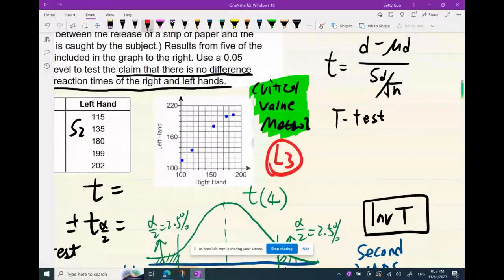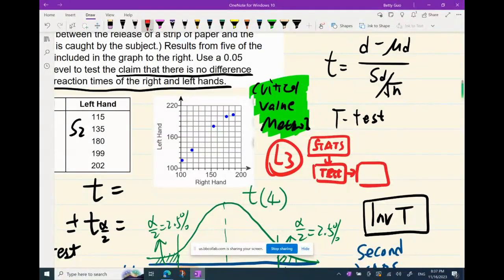And then what do we do? We are going to go to stat tests. Now we go to stat tests, and we're going to select t-test.